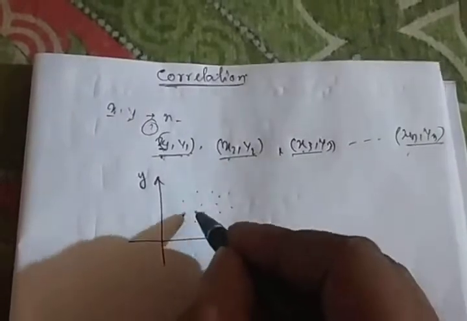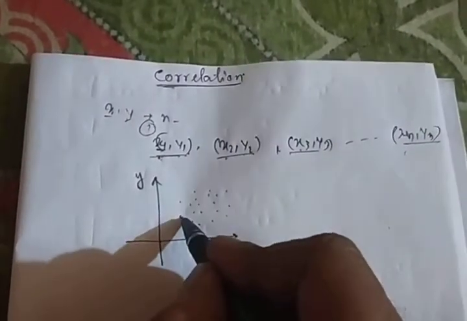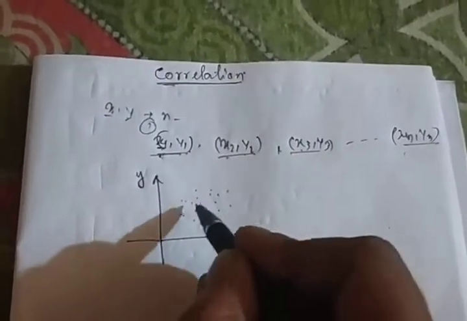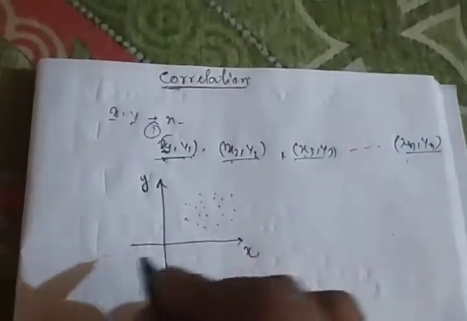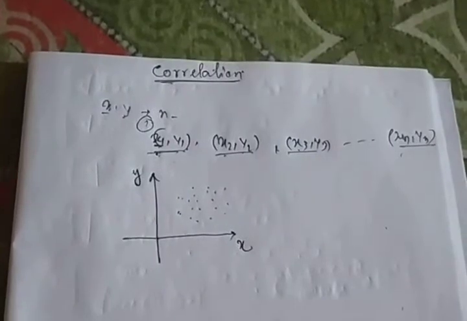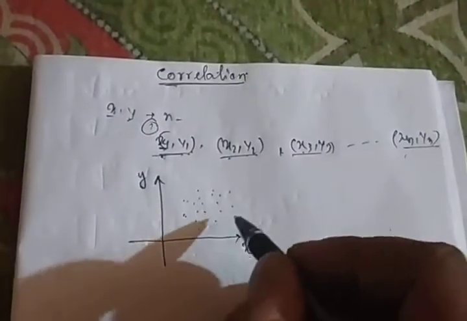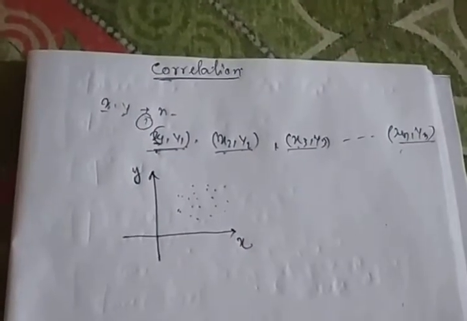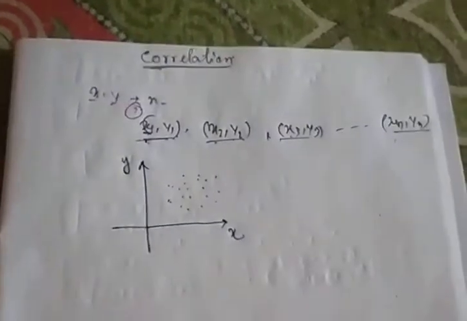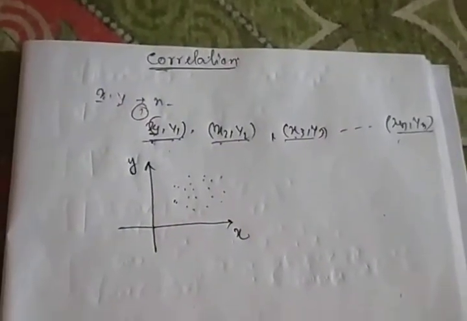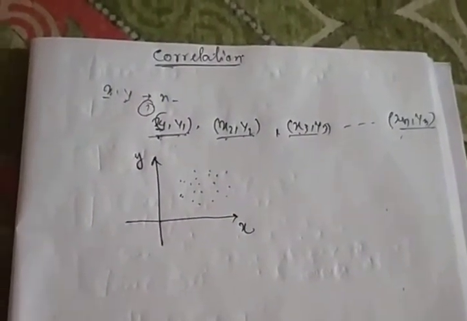This can be x1, y1, this can be x2, y2. After putting all these n points in the graph, we will get a certain diagram. This is called the scatter diagram.